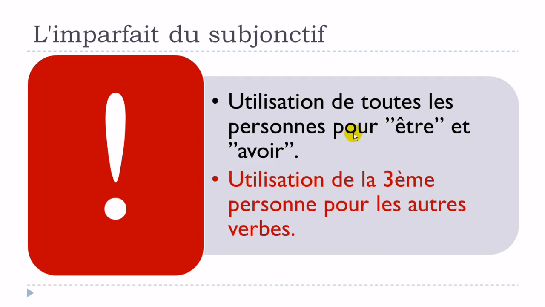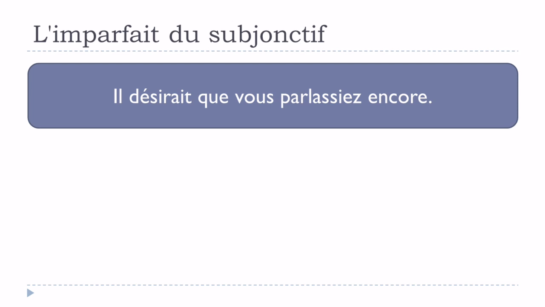So remember, as we saw, utilisation de toutes les personnes pour être ou avoir, and then for the other verbs, we will only use the third person from the singular or the plural. Okay, so let's see now. Il désirait que vous parlassiez encore.